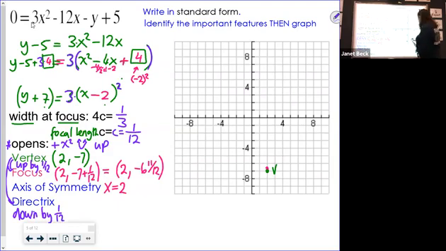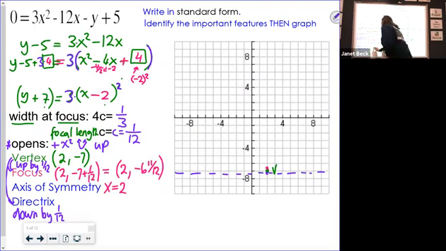But remember the directrix is a line, so I want the equation of that line. It's going to be y equals negative 7 and 1/12, going down by another 1/12.